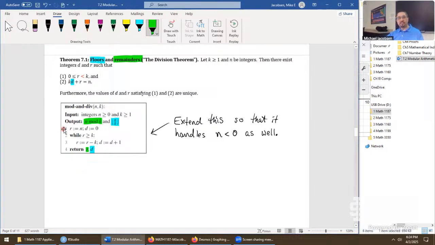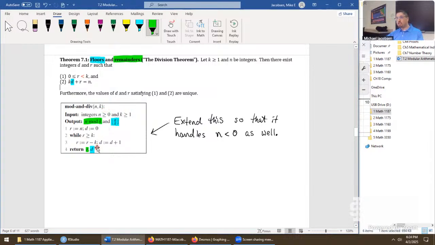But how does it start? It starts by setting r equal to n, d equal to 0. While r is greater than or equal to k, let's imagine maybe n is 30, k is 5, something along those lines.